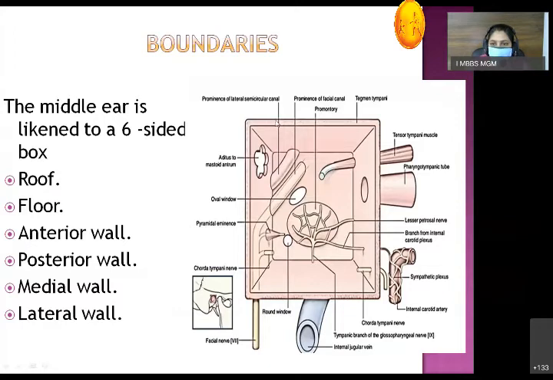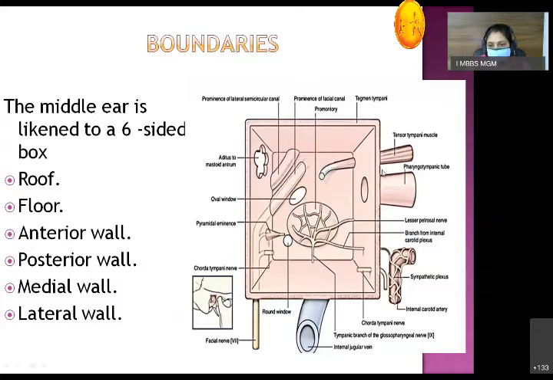It has a roof. We have seen spaces in our body. If there is a space, it has walls, it has a floor, and it has a roof. It may be a triangular space or a quadrangular space.